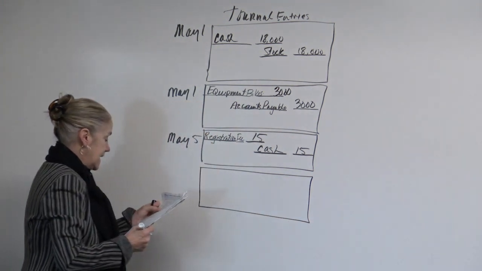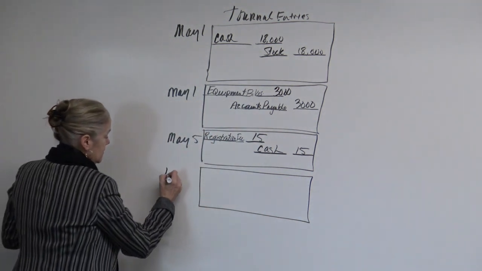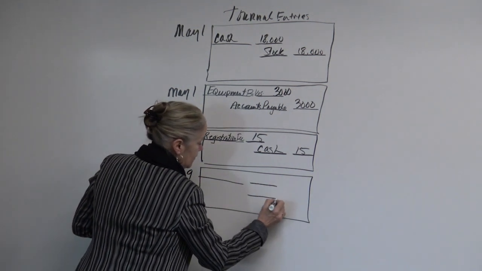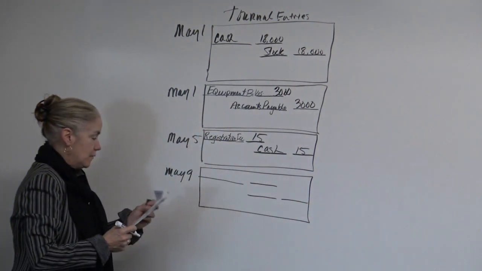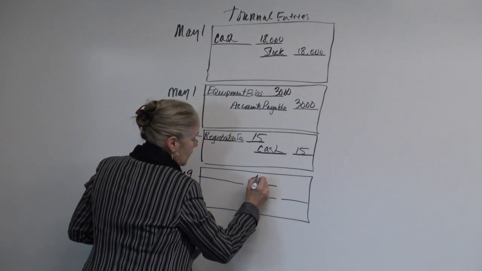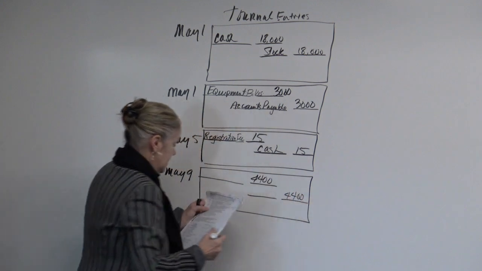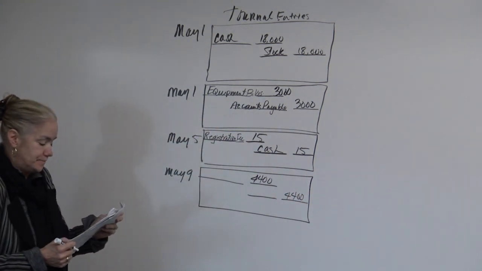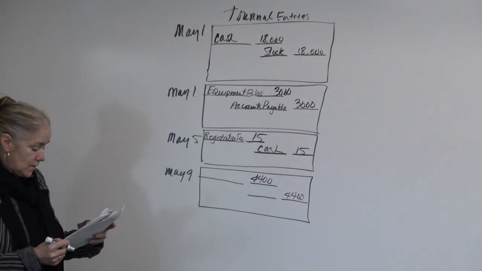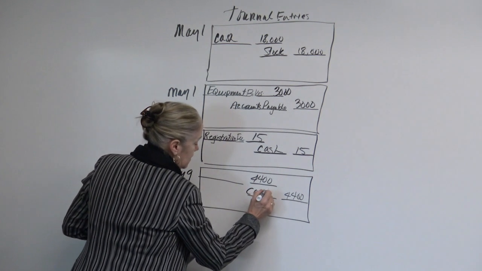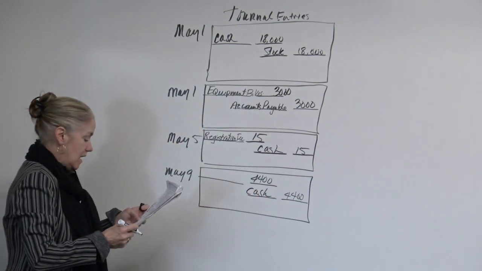And again, that date is May 9. A debit, number, credit, and a number. And we know the number is $4,400 once we do that calculation. Okay, and how did we pay for that? We paid with cash, so we're crediting cash for $4,400, and we're debiting equipment.